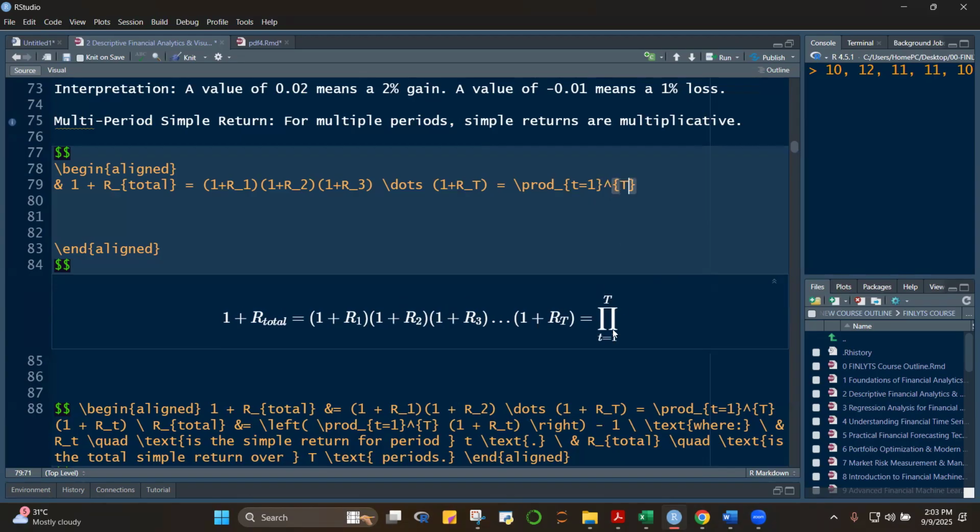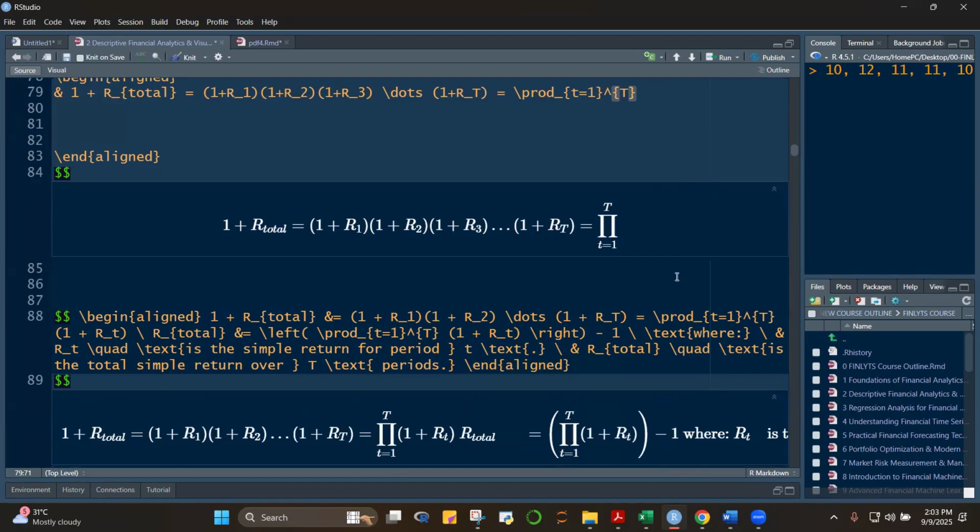So there you go. There you go, class. And then we write 1 plus r. Parenthesis. 1 plus r sub t. There you go.